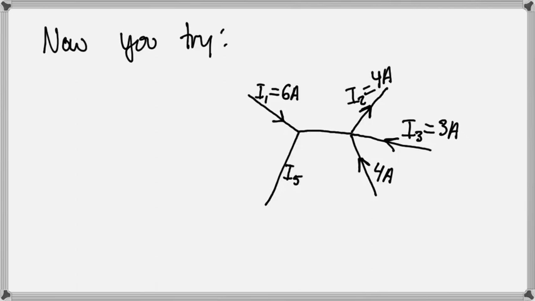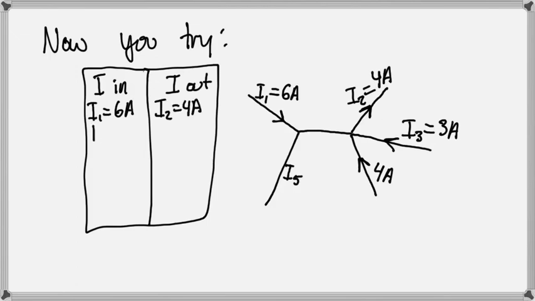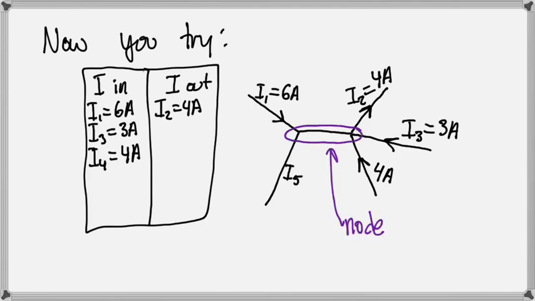Okay, let's set up our organizational chart and enter the known values. One thing that is interesting to note is that the node we're analyzing is a bit bigger. This whole area is the node. It doesn't come to a single point, but it still does have current going in and current going out. So the total current in is 13 amps, right?